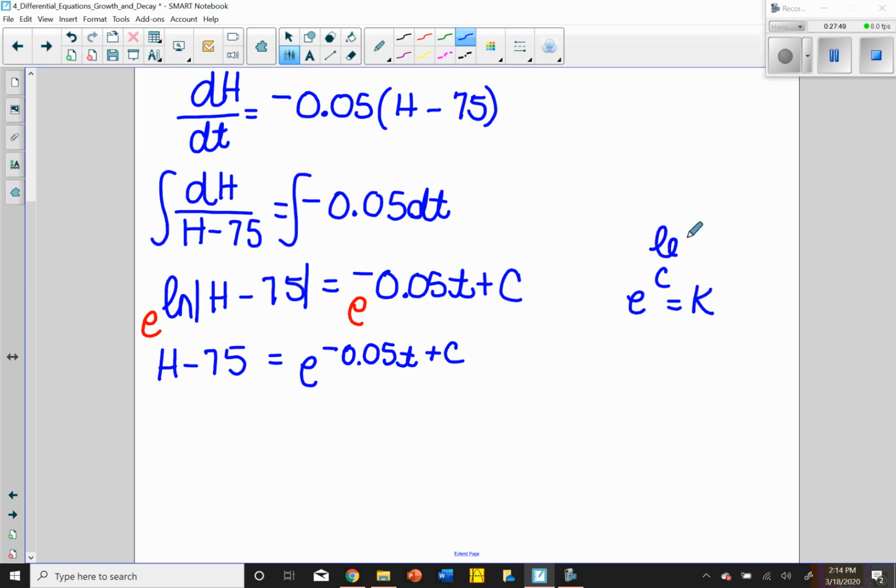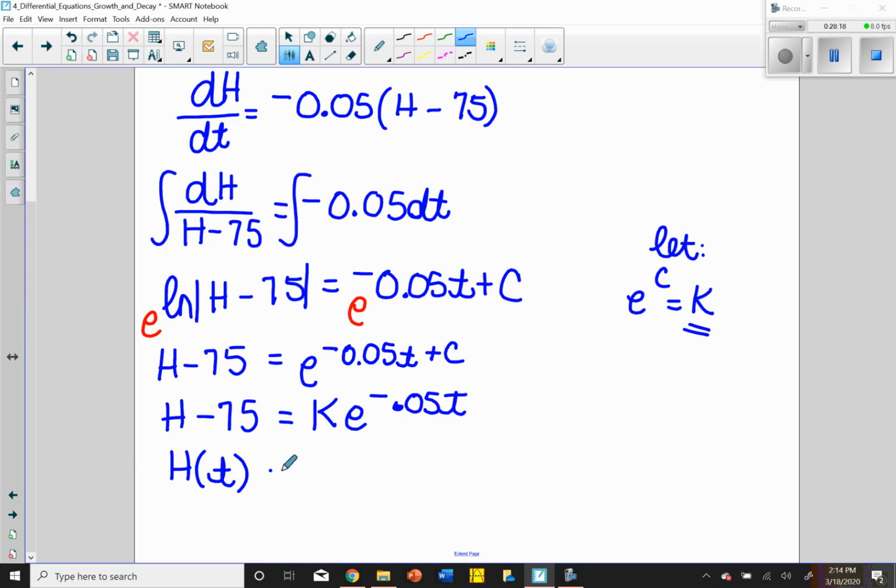If we let e to the c be some k, then we have h minus 75 is k e to the negative 0.05 t. So we know that h of t is 75, adding this 75 to the right side.